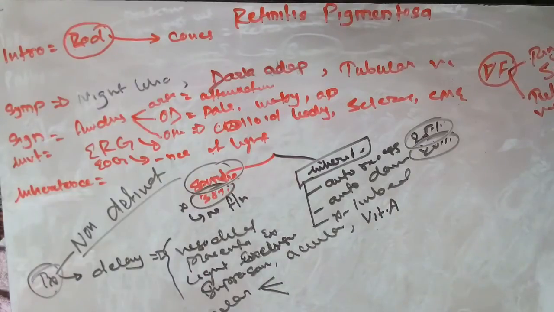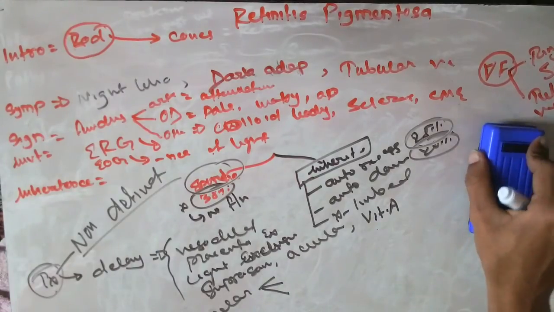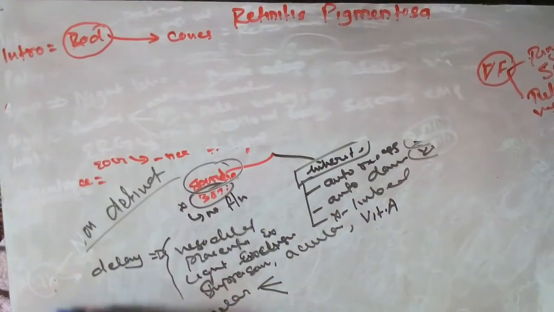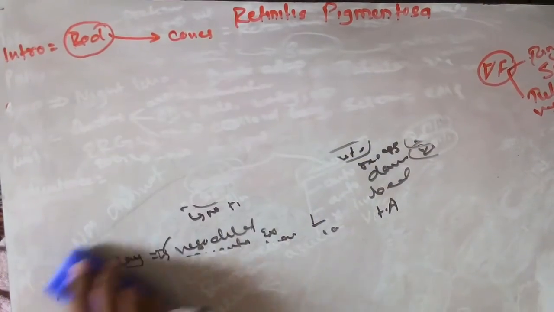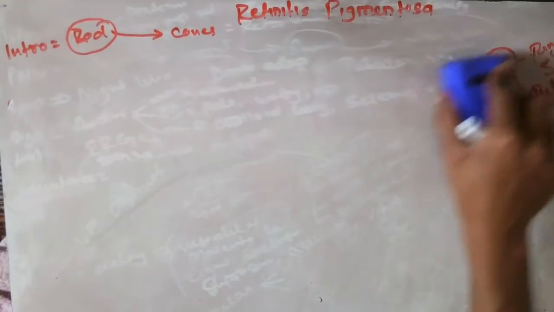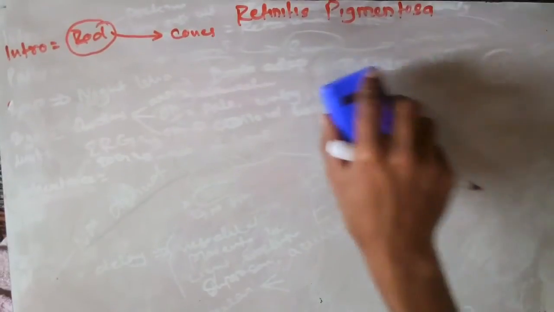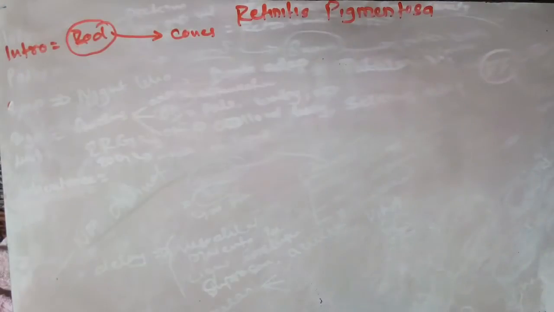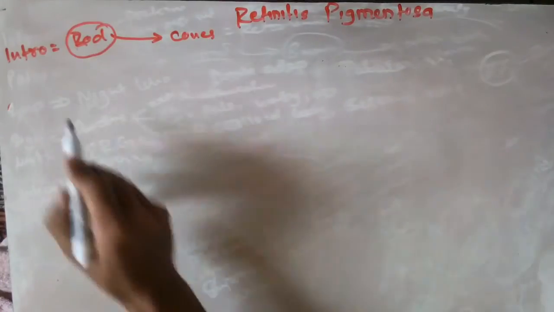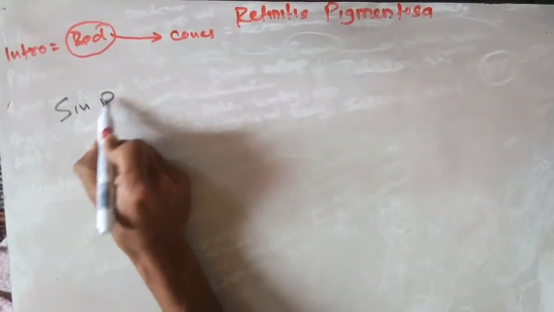Then coming to some of the other forms of retinitis pigmentosa. The first form is known as retinitis pigmentosa sine pigmento. Sine pigmento means all the features are similar to typical retinitis pigmentosa as we just read, but there will be no pigmentary change.